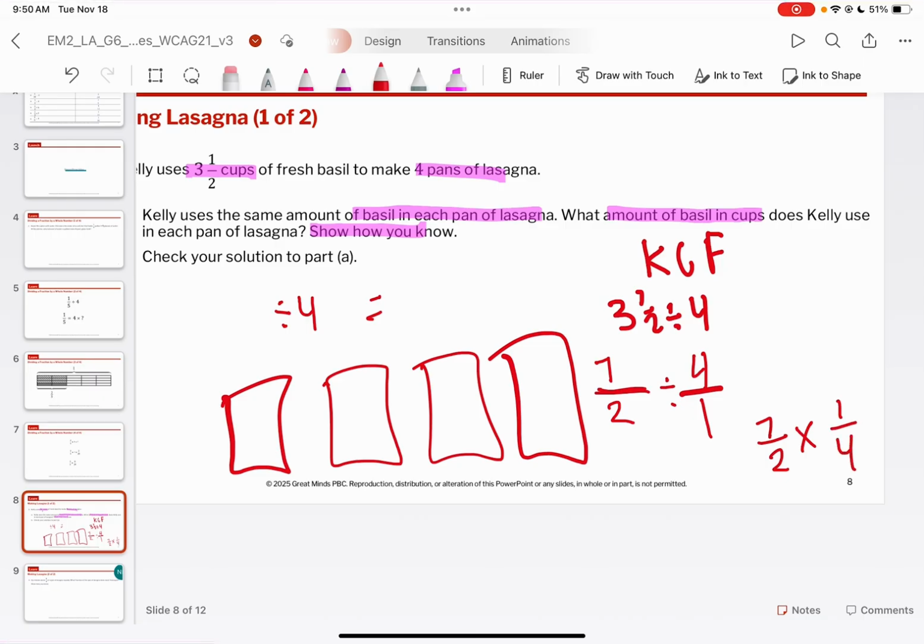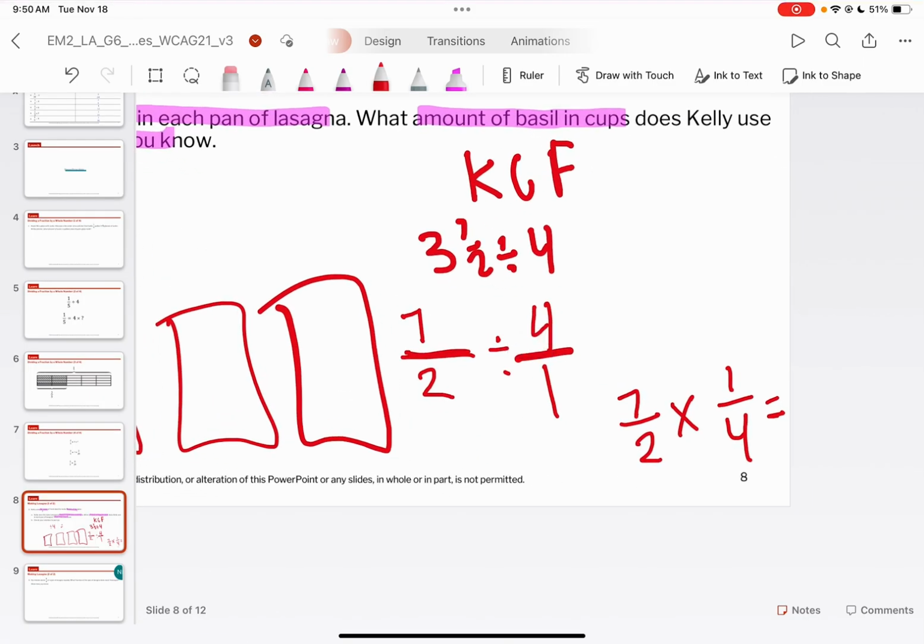Dividing by 4 is the same as taking 1/4 of something. Because when I divide it by 4, I'm splitting it into 4 groups. I took 1/4 of that number. That's why it works. All right, now can I solve? We multiply across. So 7 times 1 is?